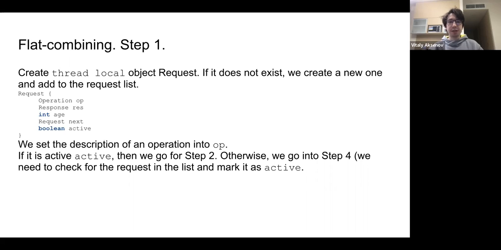Because flat combining is typically used under high load, you don't have to remove your request object from the publication list at all. So that's the main difference between queue locks and flat combining. Does it make sense, Alexander?